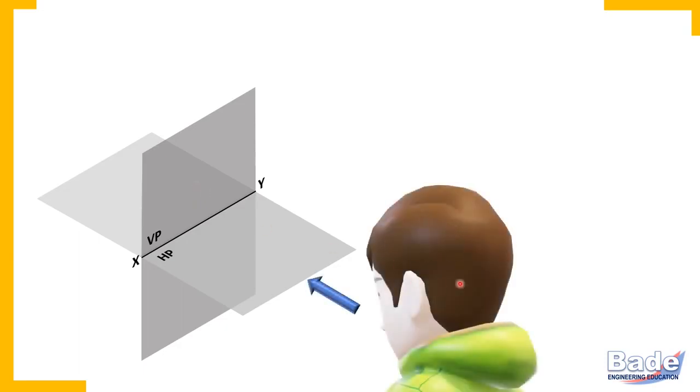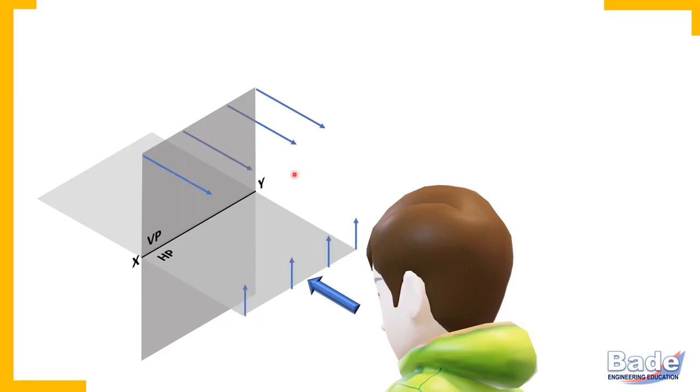Primary position of the observer is considered in front of VP, observing the object in the direction perpendicular to VP. So with reference to this position of the observer, the 4 portions of the space made by these 2 reference planes are defined in this manner.